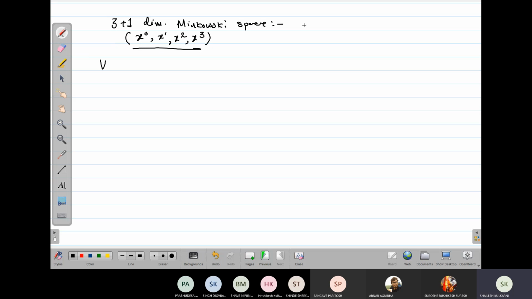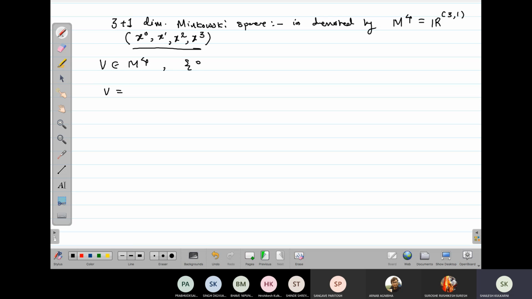This is denoted by the letter M4 or R3,1. Either you use R3,1 or you write M4, 4 dimensional Minkowski space. Let V be any vector in M4. Then V can be expressed as a linear combination.